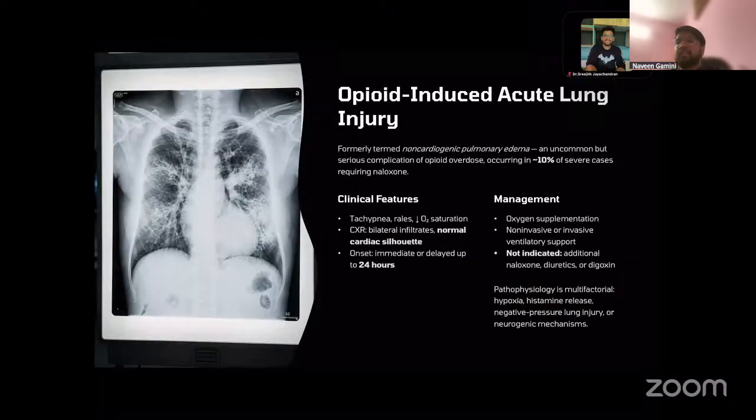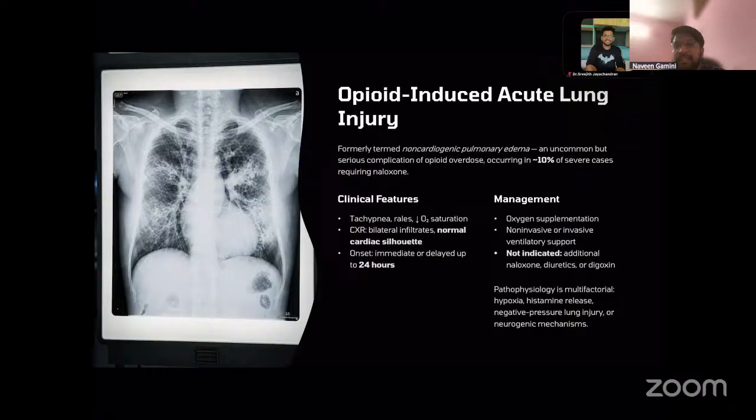Next, a specific pathophysiology of opioids is acute lung injury. Previously, it was termed non-cardiogenic pulmonary edema. This lung injury is uncommon, and it is a severe complication of opioid overdose. It occurs in 10% of severe cases and it requires naloxone. So what are the features? As the name suggests, non-cardiogenic pulmonary edema. The patient will have tachypnea, there can be crepts heard, and hence the saturation will be dropping.